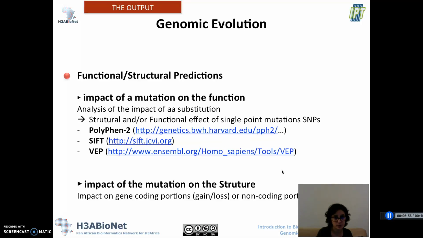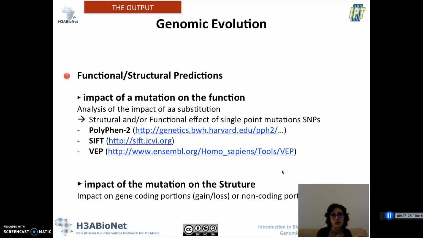You could also do that through databases and resources. So if we take the example of single point mutations like SNPs, you have PolyPhen-2 or SIFT or VEP, for example, through Ensembl, that would allow you to evaluate what impact one specific mutation would have on the function of the gene.